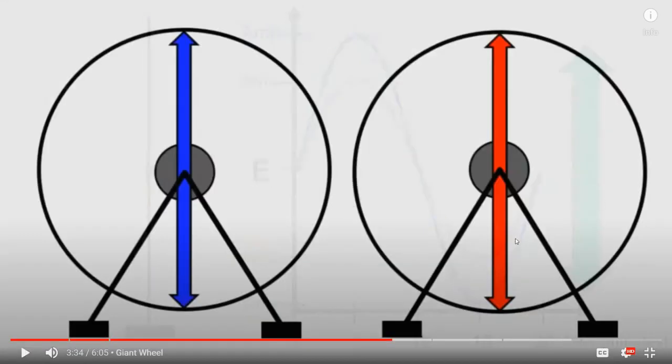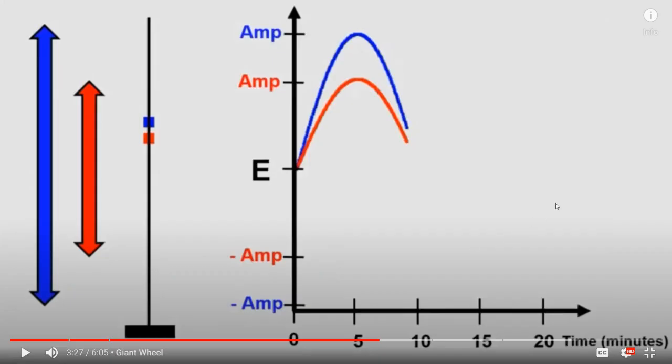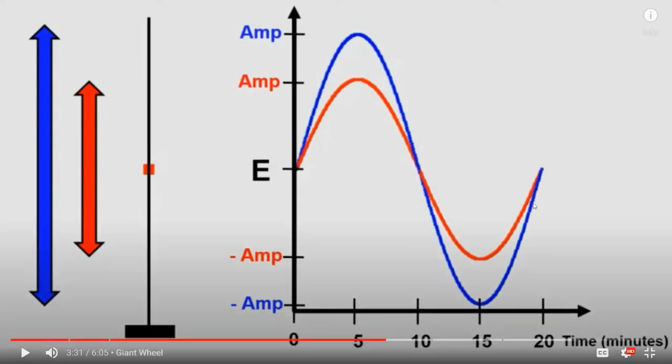Okay, I want to pause on that and look at that again because that's something I want to make sure you get. Okay, so we've got a smaller wheel, right? So the sine wave is representing the vertical distance, right?